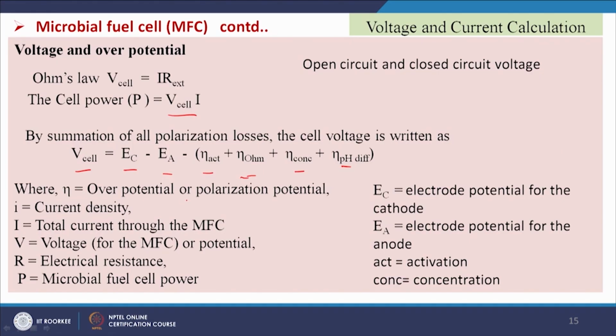Here eta is the overpotential or polarization potential, i is the current density, capital I is the total current, V is voltage or potential, R is electrical resistance, P is microbial fuel cell power. Here E c is the electrode potential for the cathode, E a is the electrode potential for the anode, and here act means activation losses, and conc is concentration losses.